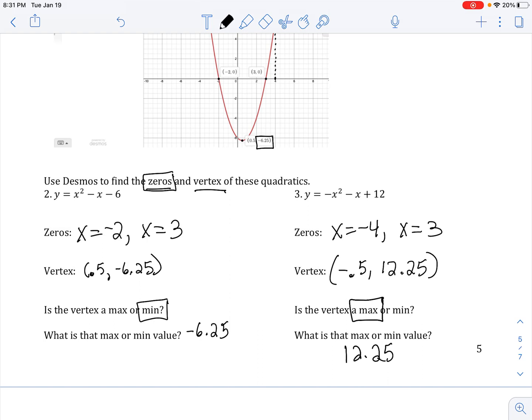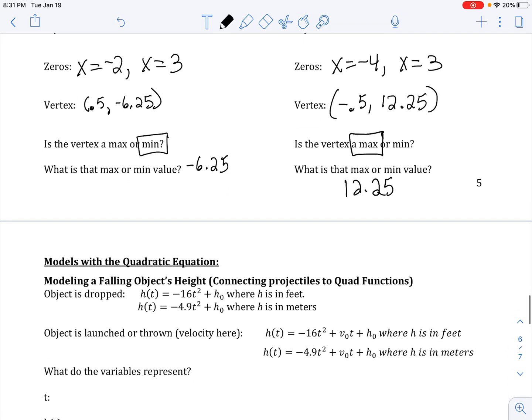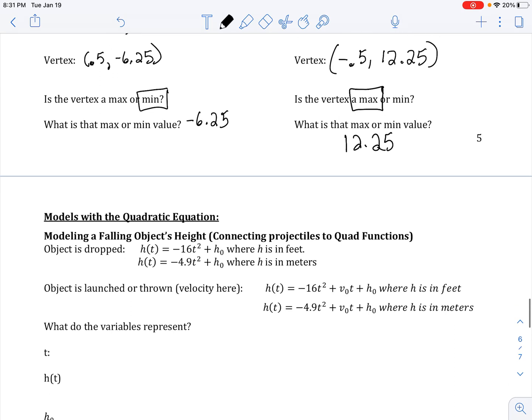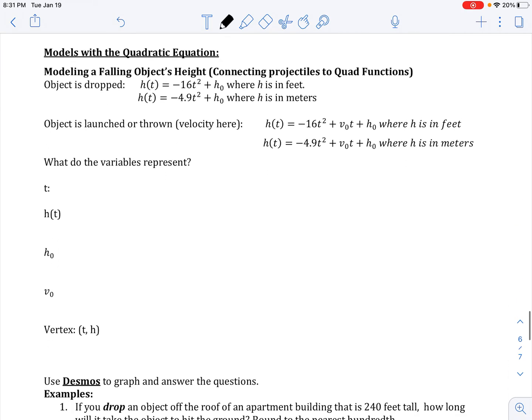So you can see by using Desmos, you save so much time on the calculations of finding the vertex, the x-intercepts, the y-intercepts. So why am I showing you this? Because we're going to use Desmos to solve quadratic applications.